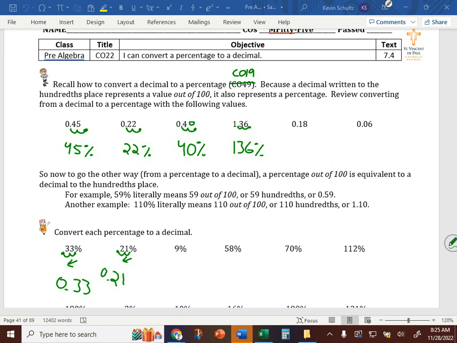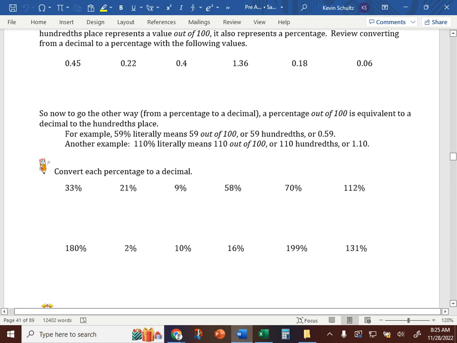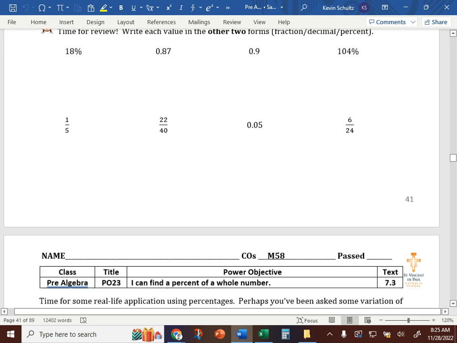What decimal is that going to be, Peyton? 0.09. Well done. 0.09. If you wrote 0.9, that's 90%. We only want 9%. So the reason why we skipped ahead a little bit here is to kind of just do the opposite of what we just did, going from percentage to decimal form.